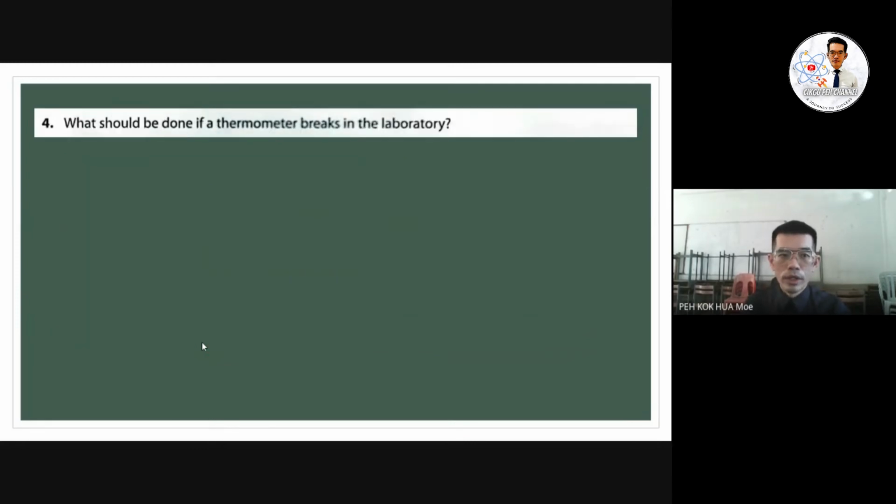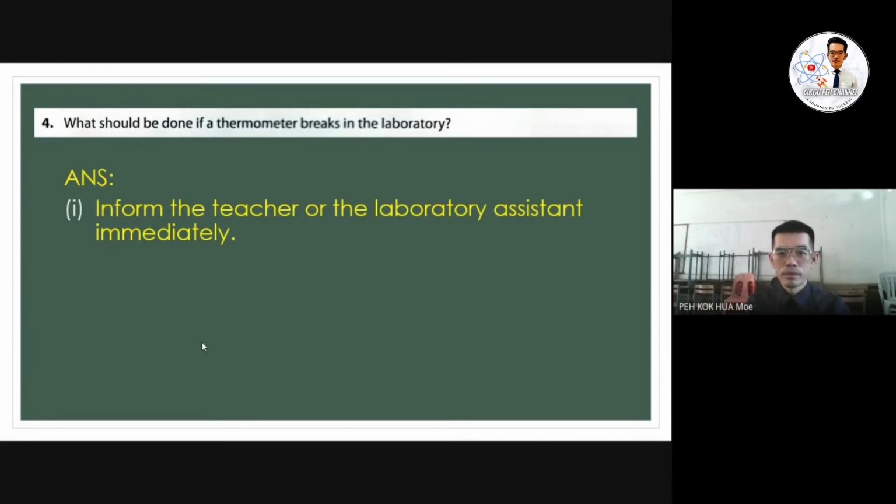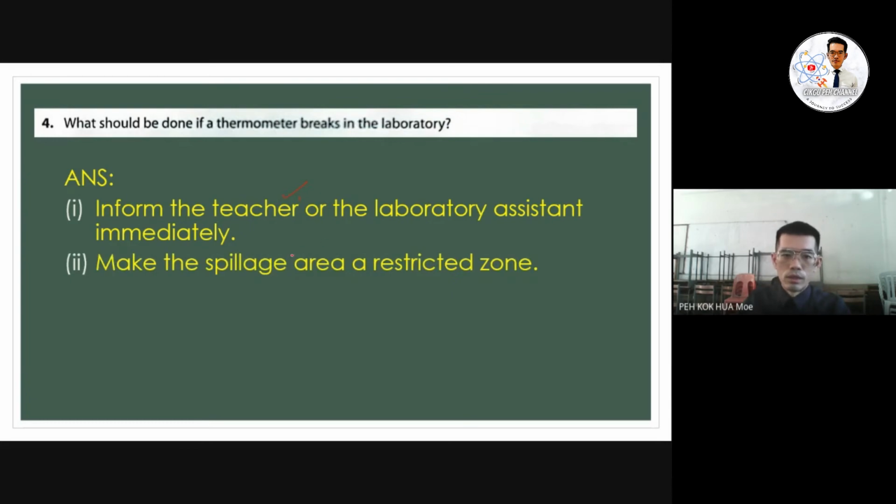The next question: what would be done if a thermometer breaks in the laboratory? Just now we had the 4 steps for a mercury spill. The first step: inform your teacher or lab assistant. Second, you have to mark the spillage area as a restricted zone for all the students.